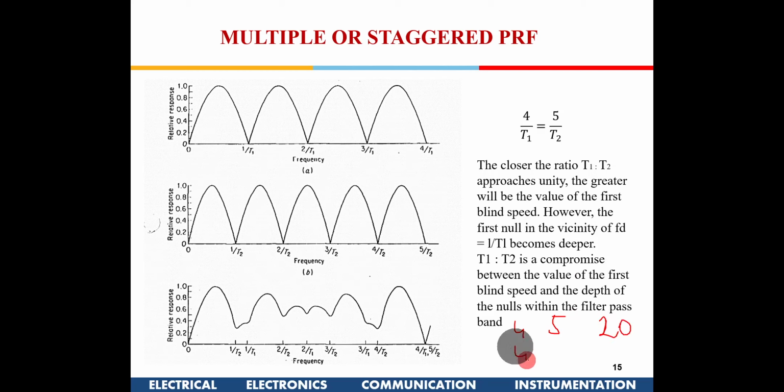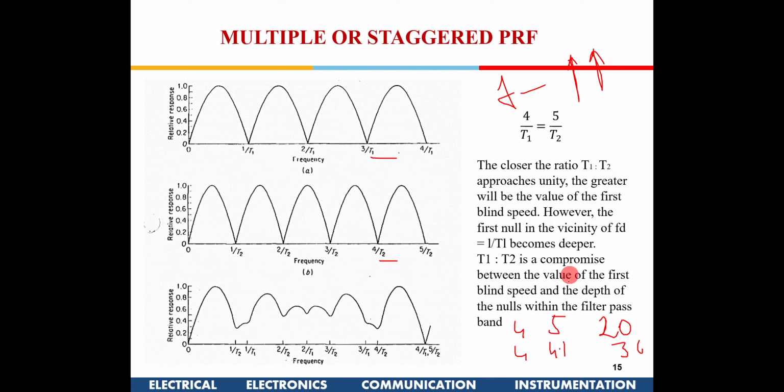Now if I take 4 and say 4.1, it might be somewhere close to 36 or something like that. So if you have these two PRFs close to each other, then your blind speed will be very, very large. So it is a very good thing.